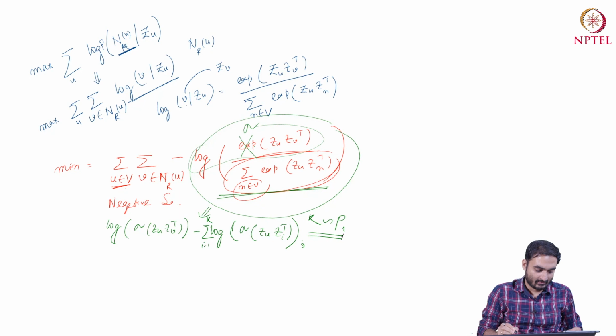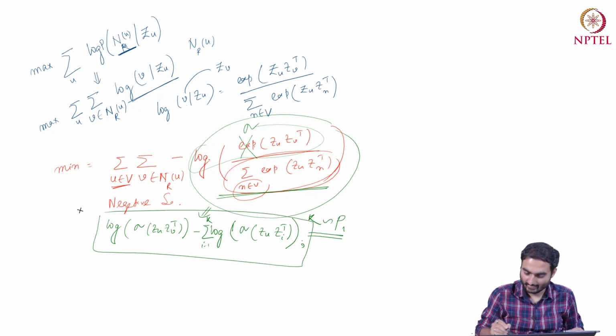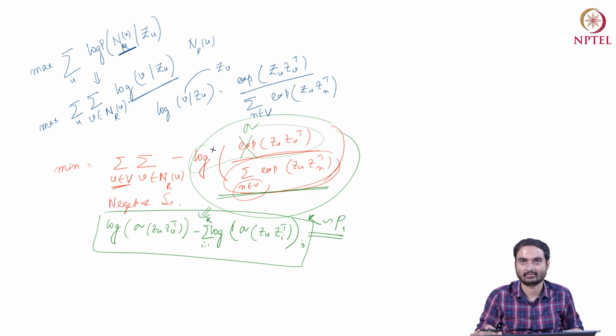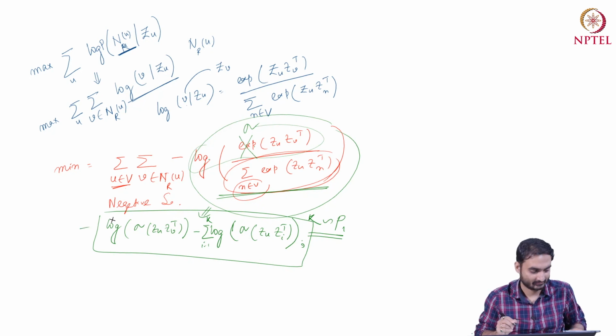And along with this, I think this is the final objective function, and we want to minimize it. We have minus here. So this is DeepWalk.